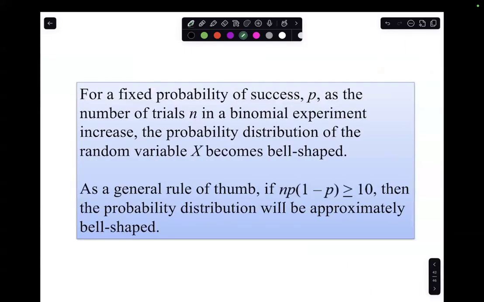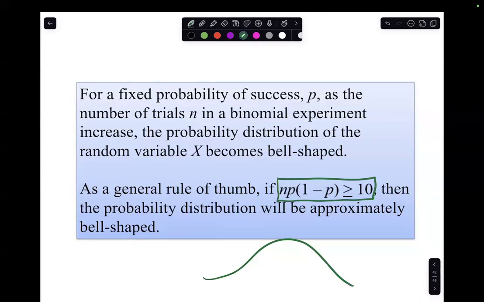So this is important. This is a rule of thumb. I'm not doing quizzes in this class, but it's possible that on your test it would ask this. How do we know that it is bell-shaped? How would we know that it is shaped normal? If I take np times 1 minus p, which is that piece underneath the radical in the standard deviation, if that number is greater than or equal to 10, then it's approximately a bell-shaped distribution.